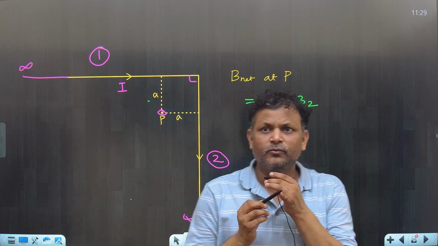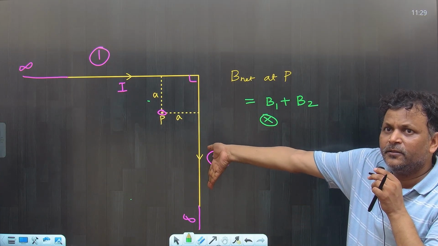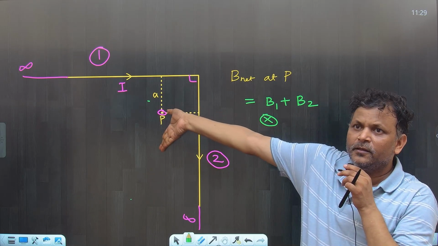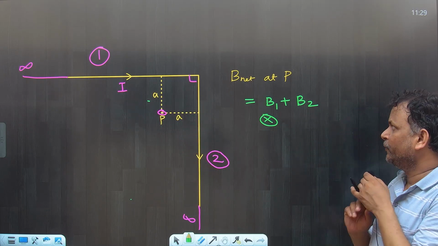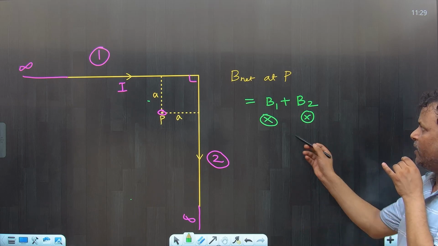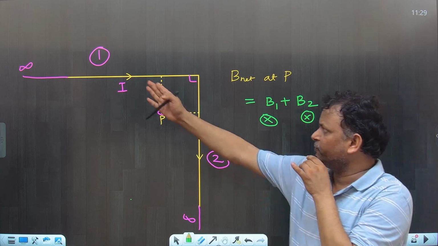What about B2? Keep your right hand fingers along the sense of current and your palm towards P, your thumb goes into the paper, so it is again into the paper. So what will I do? I will calculate the first part and make it double because both have the same effects.